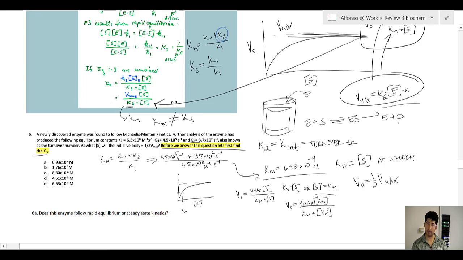So all I did was I swapped out those numbers. So what this gives you is initial velocity is Vmax times Km over 2Km. Units cancel out. Initial velocity is Vmax over 2, which means initial velocity is equal to 1/2 of the Vmax.